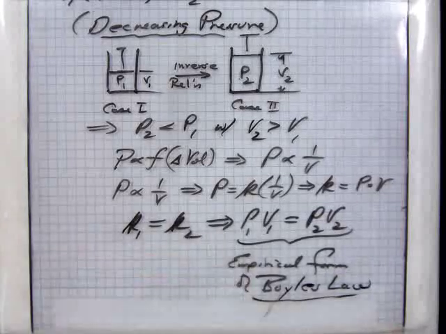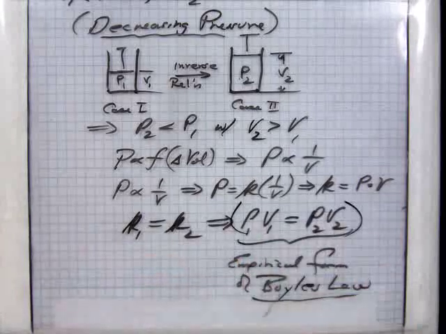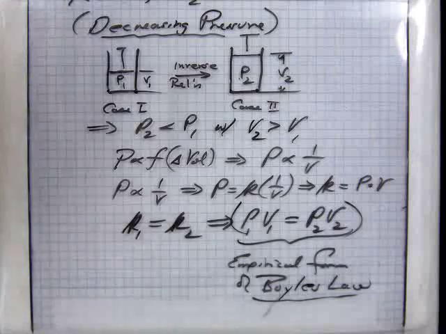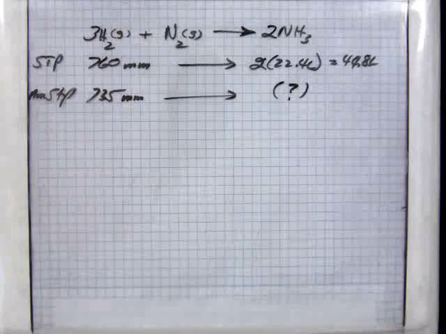So working just with that expression, P1 V1 equals P2 V2, we can now predict what the new volume would be based on going from 760 to 735.